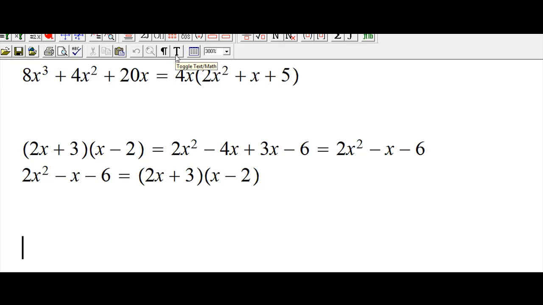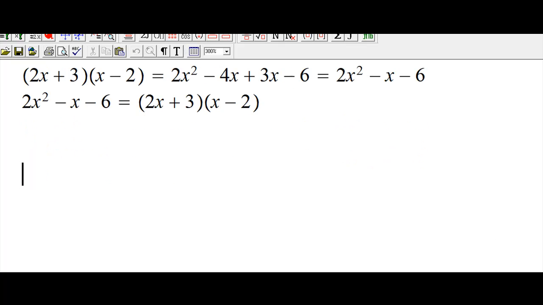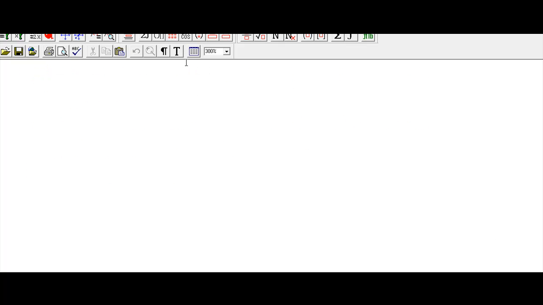So let me show you something very simple. Say I have x square, then minus 2x, and then minus 8, okay? Everybody clear?